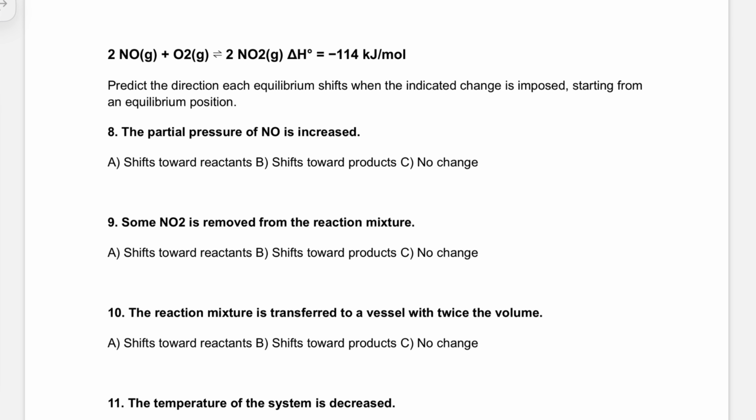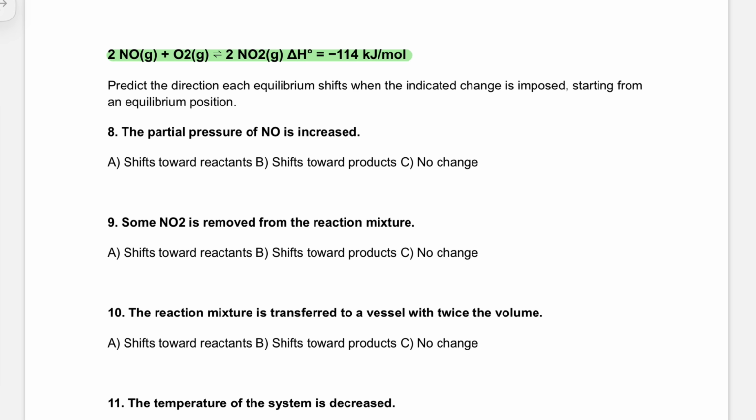Okay. For the next few questions, these are Le Chatelier principles reactions. So we're going to use this one equation for all of them. And we're going to look at some different scenarios and predict how the equilibrium is going to shift. So first, the partial pressure of NO is increased.